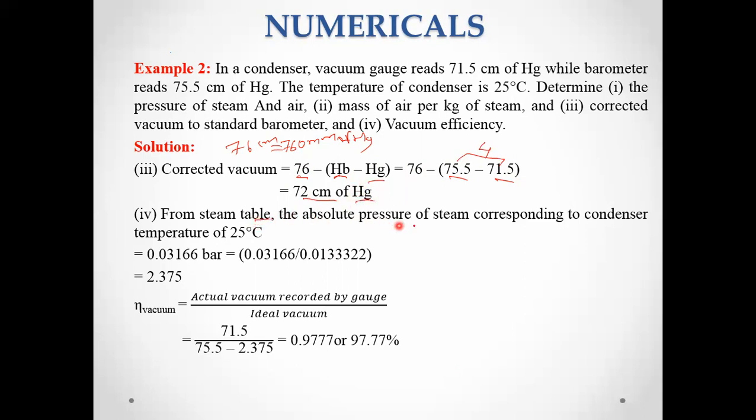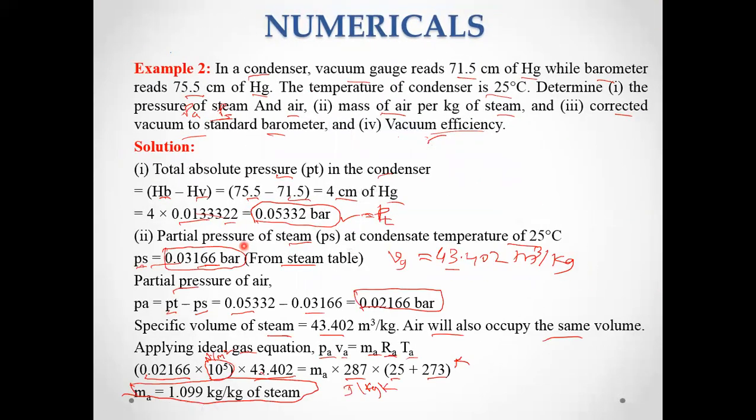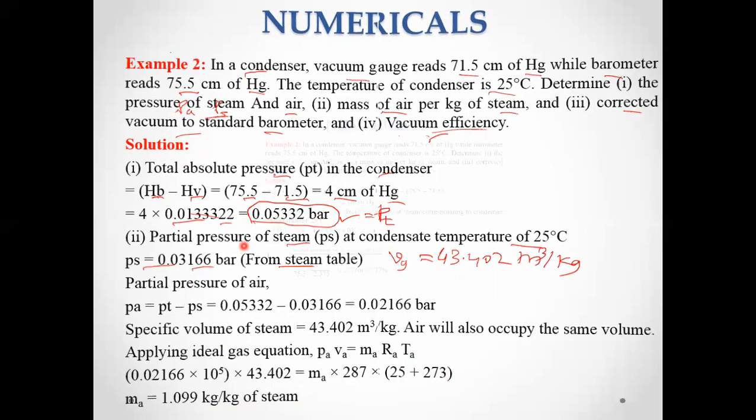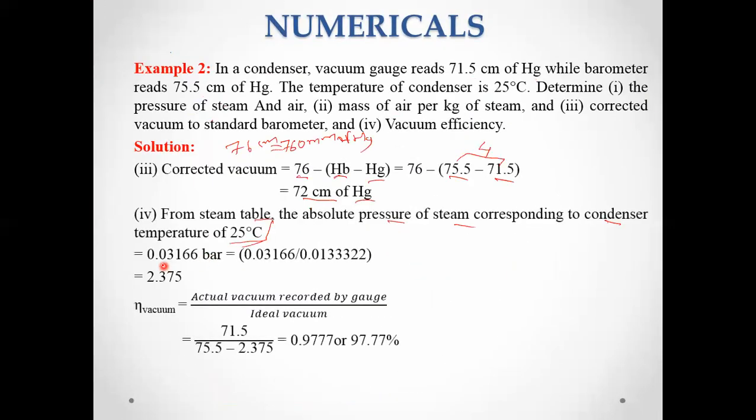So from the steam table what we have to find? We have to find the absolute pressure of steam corresponding to the condenser temperature of 25 degrees Celsius. So for 25 degrees Celsius, pressure is 0.03166 bar.